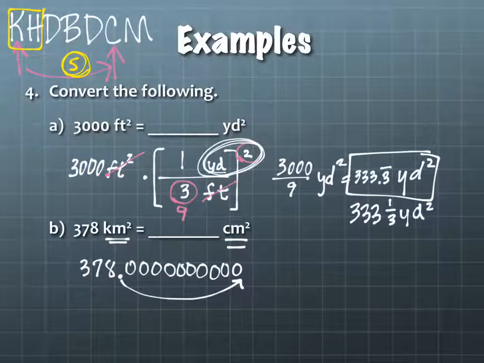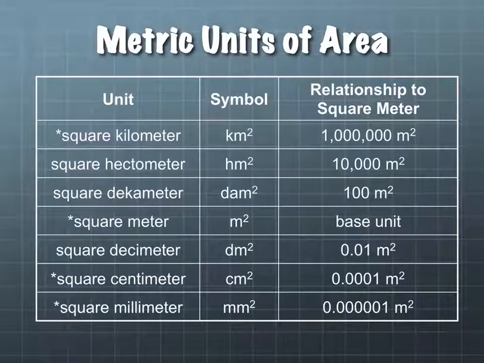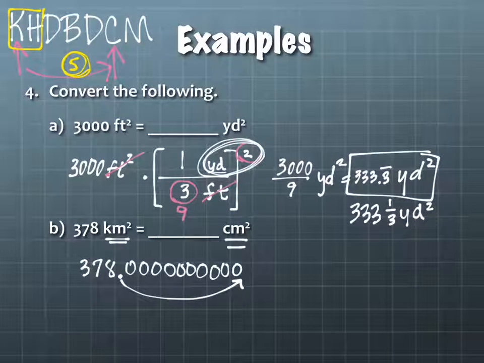If you were just moving from kilometers into hectometers, for example, you'd move it 1 place, because you'd be multiplying by 10. But since it's squared, you're actually multiplying by 100 to go from 1 spot to the next. So you're multiplying by 10 twice. You're doing that on any kind of conversion. No matter how many places you go, you're going twice that many places. So we went 5, now we're going to go 10.